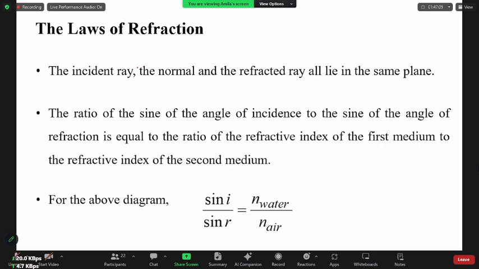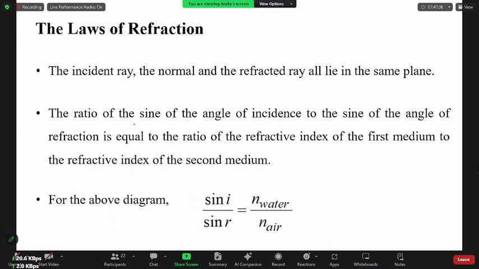Now, any medium has a refractive index, which is a constant for a given medium. That of the first medium to that of the second medium, right? So we can present this law this way.